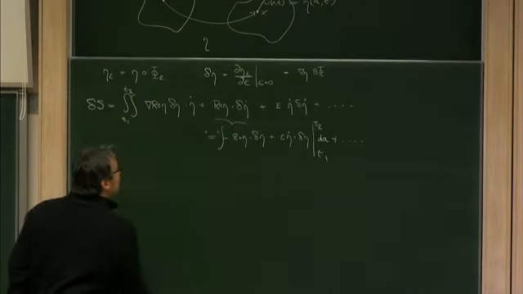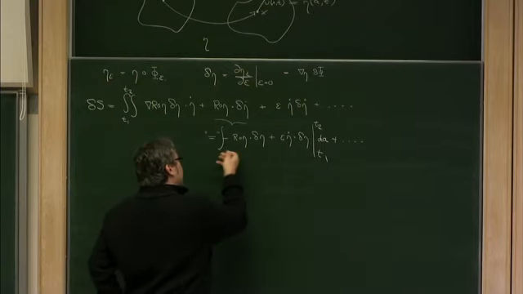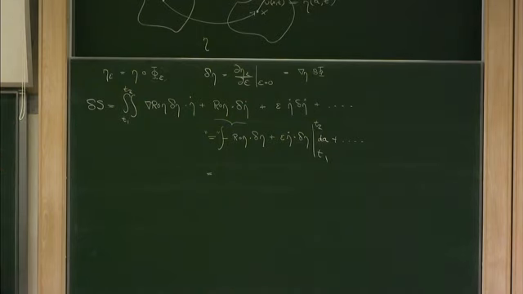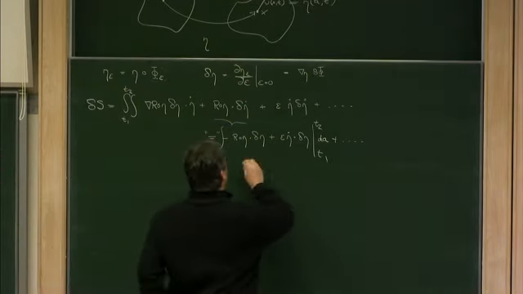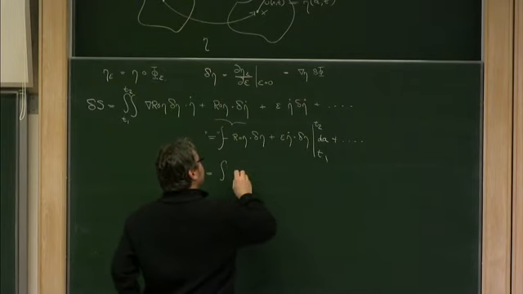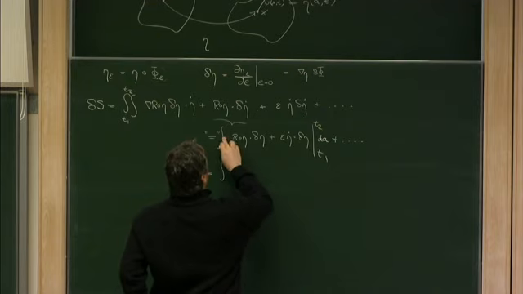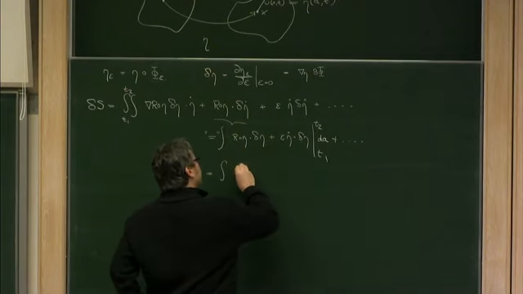dA. And now it helps, if I look at these terms, to be a little bit more abstract. Well, let me first insert the variations. Sorry, this is plus here.